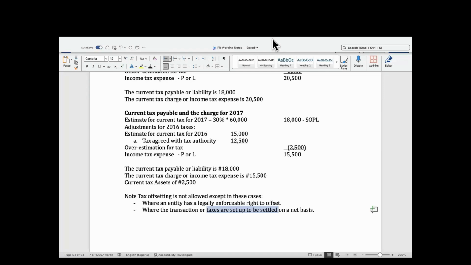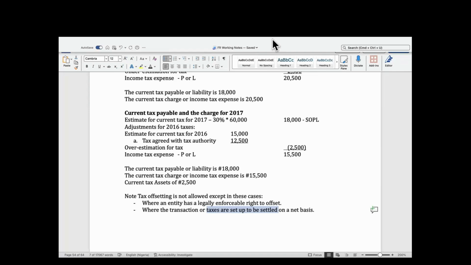Okay. All right. So we don't offset in accounting. Hopefully, I'll teach you IAS 1 as soon as possible. It's spelled out there that offsetting is not allowed. And there are some areas where offsetting is allowed, like when you are computing carrying amount, for example, where you do cost minus depreciation.